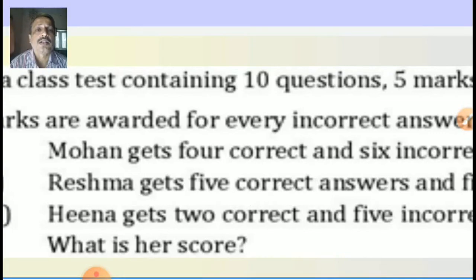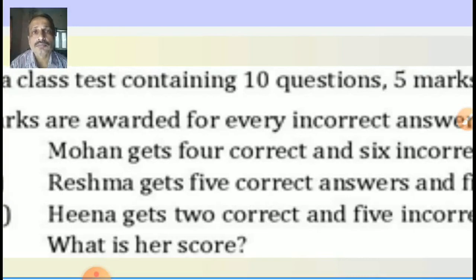Yes, my dear student, that's 20. And 6 incorrect means minus 2 for one question. So 6 into minus 2. 6 twos are 12. But what type of 12? Minus 12.